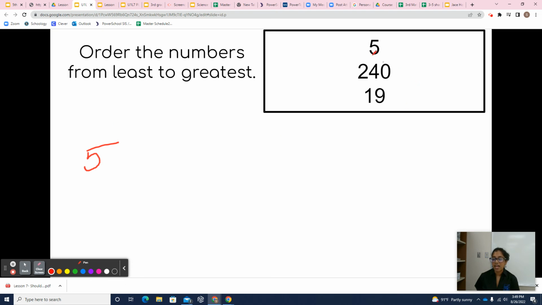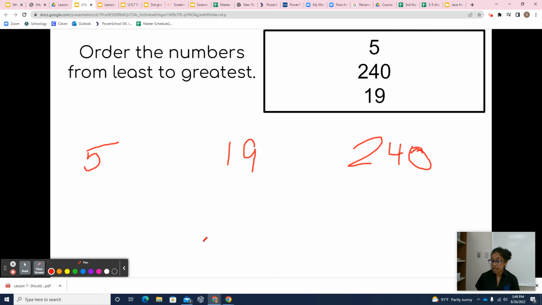Then my next smallest number is 19. So then what number is greatest? What number is the largest? That's right, 240. So now I ordered my numbers from least, which is my smallest number, 5, to greatest, which is my largest number, 240.